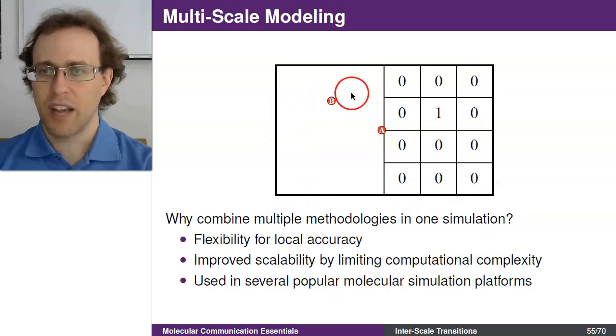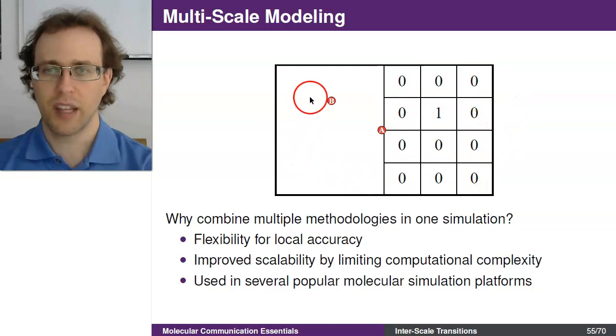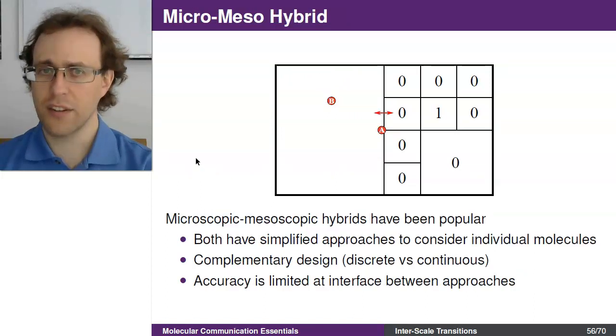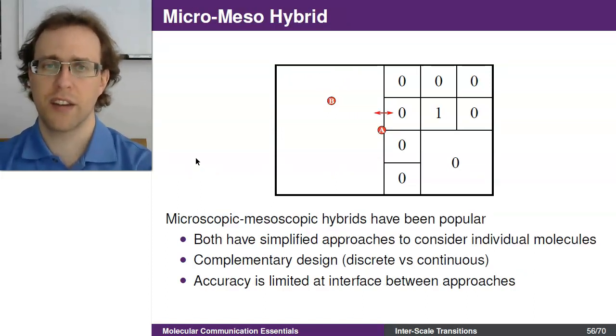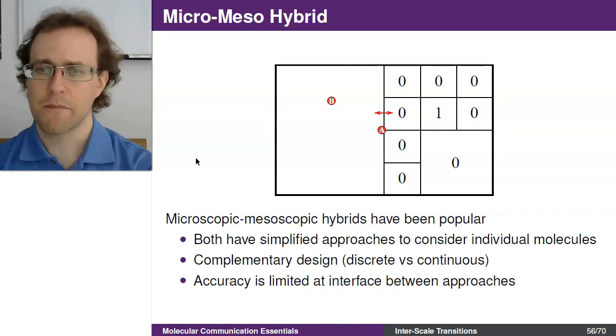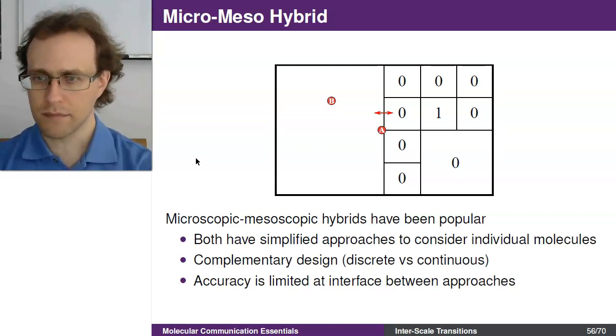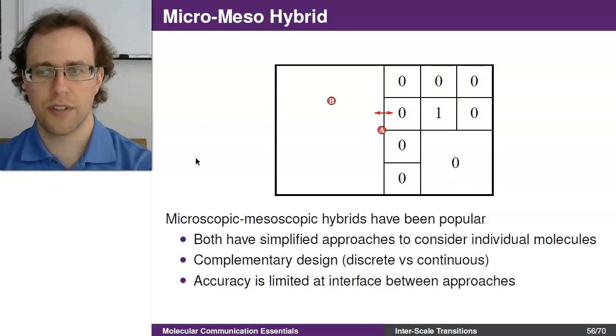But for example, we can have a system where you have a mesoscopic approach taken in one area, and then a microscopic approach taken in another area. And it turns out that this hybrid of microscopic and mesoscopic has actually been somewhat popular. Quite a few open source physical chemistry platforms for molecular simulations use some variant of a micro-meso hybrid. Both of these, the microscopic approach and the mesoscopic approach, have simplified approaches for considering individual molecules.